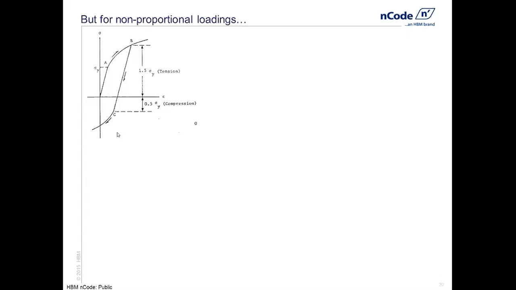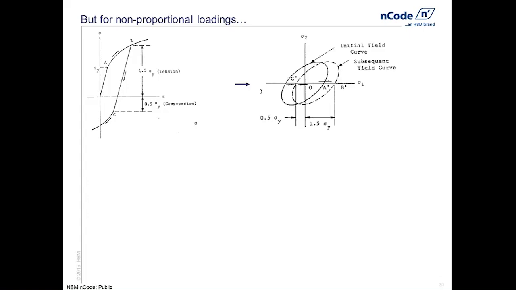For multiaxial loadings, we have to replace the yield strength by a yield criterion. Now, if I just consider a really simple biaxial case where I've got two principal stresses, sigma 1 and sigma 2, the von Mises yield surface can be represented by an ellipse. So if we consider what happens when we apply loading to this now, if we load in the sigma 1 direction and cause some yielding, when hardening occurs, the yield surface moves.